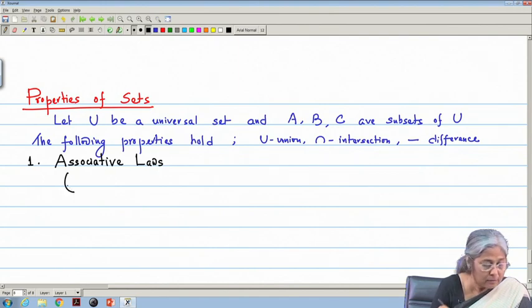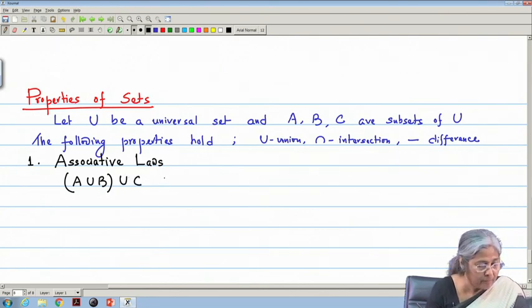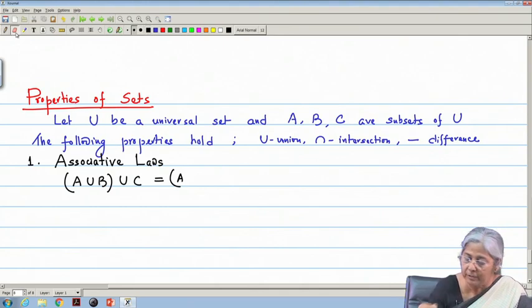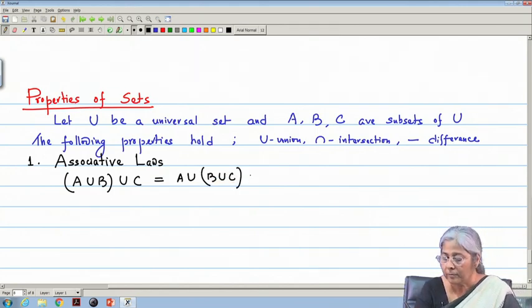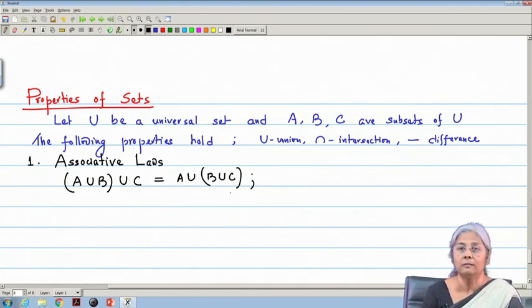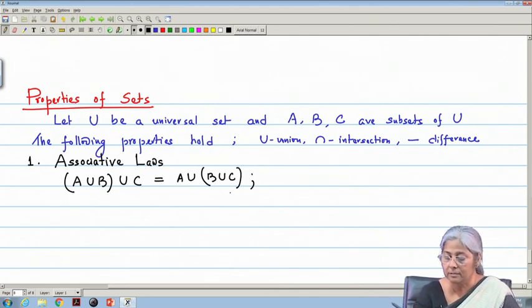We can write, if we take the union of 2, A union B union C, this is the same as A union B union C. And for the union operation, whatever law is valid, that is true for intersection also.